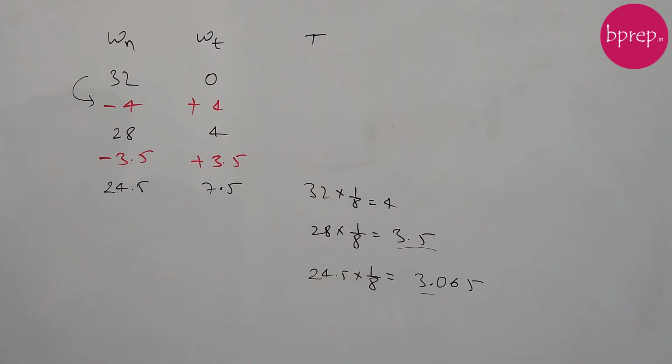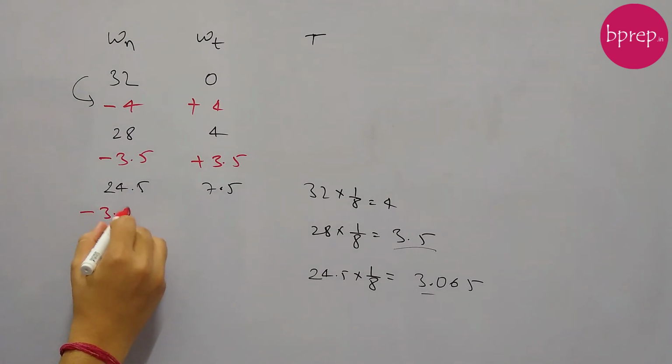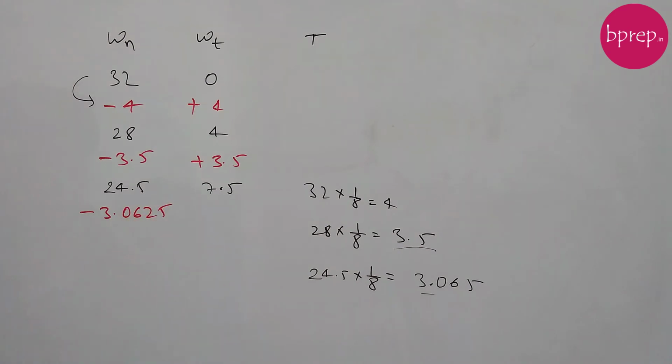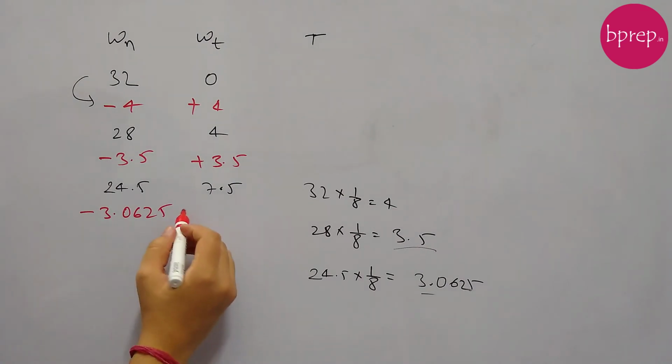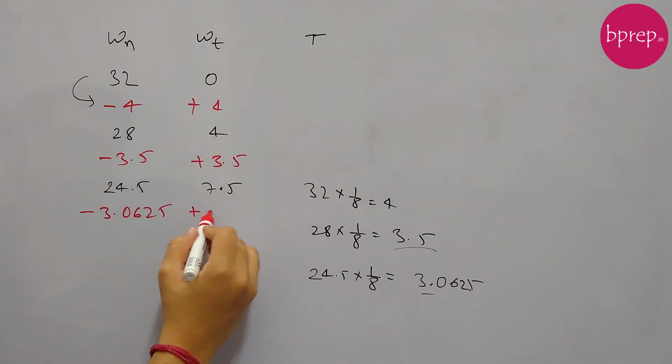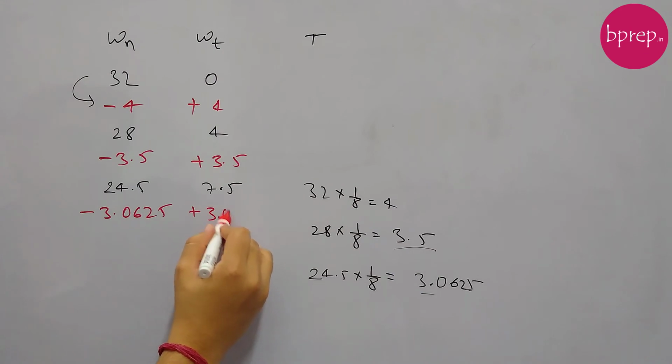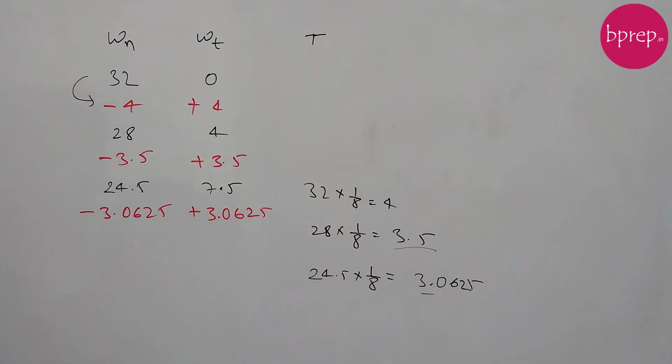3.0625. Okay, so now this time we are taking minus 3.0625. I'm sorry, here it will be 25. Okay, and this much amount is getting added to the water. So here we have 3.0625.